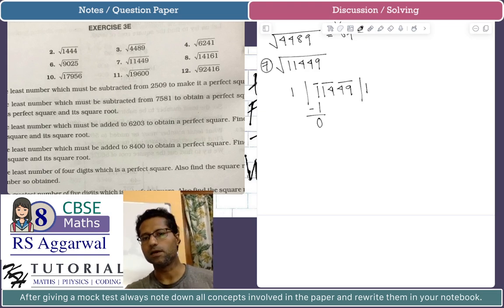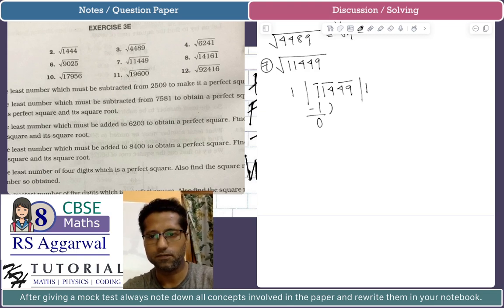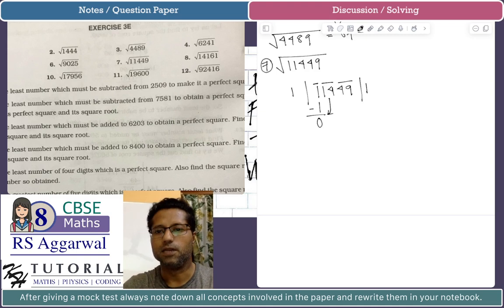When 1 is subtracted from the leftmost period, which is 1, this is 0. And there are more periods. I will bring down the next period, that is 14.